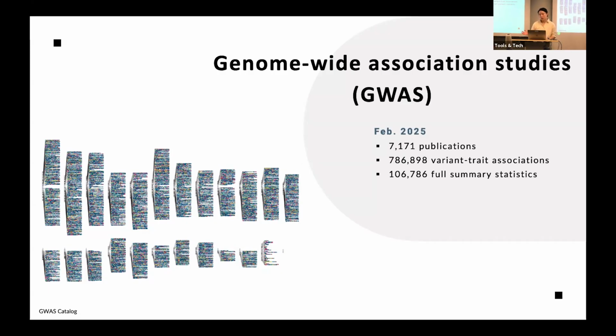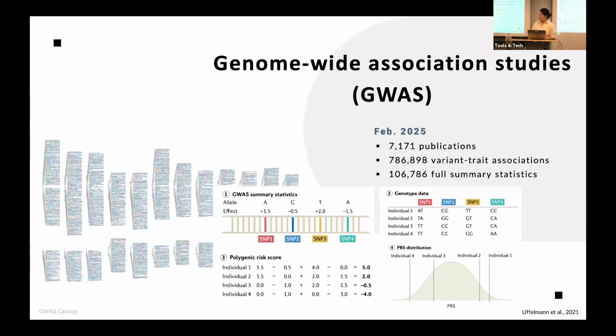One of the major downstream applications of GWAS is that we can use it to build a polygenic risk score, or PRS. Given the GWAS summary statistics and individuals' genotype data, we can take the allele dosage at each SNP, weight that by the effect sizes estimated through GWAS, sum it across all SNPs, and then we'll have the PRS for the individuals.